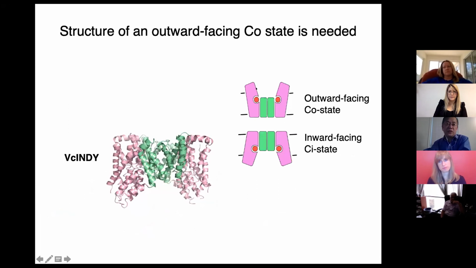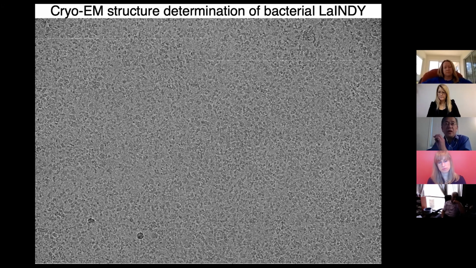This is to show this again. This is a transport cycle. We only have a structure of this state of the cycle, and we don't have a structure of that state. Some of the mutations that block transport can be explained in this state, but we don't have that other state. So for this, in the lab we switched to another bacterial homolog called LA-IND.